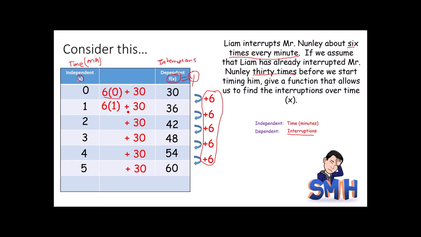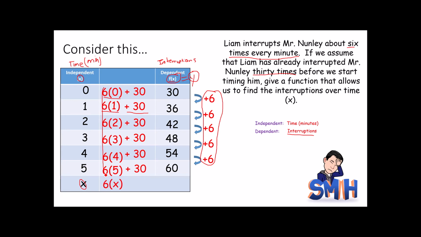If 1 minute passes, we'll have the original 30 interruptions plus one set of 6 more. And in 2 minutes, we'll have the original 30 and 2 sets of 6, and so on. No matter what number of minutes pass, we always have groups of 6 interruptions.